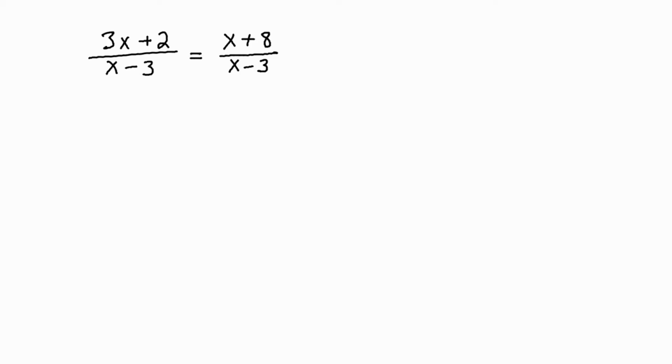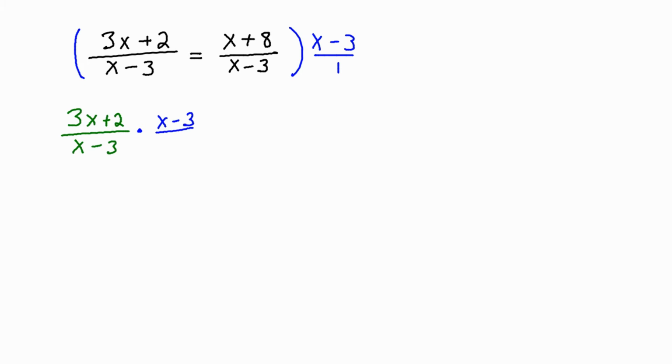Since both our denominators are the same, our least common multiple is x minus 3. 3x plus 2 divided by x minus 3 times x minus 3 over 1 equals x plus 8 divided by x minus 3 times x minus 3 over 1.